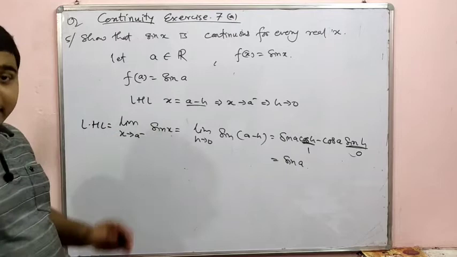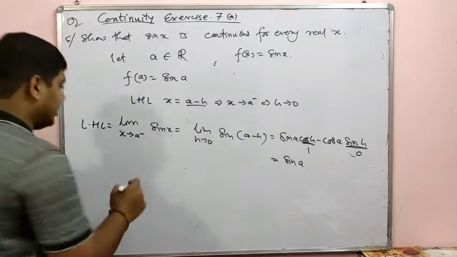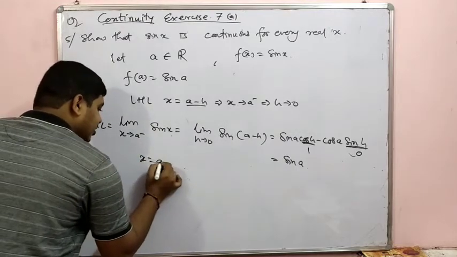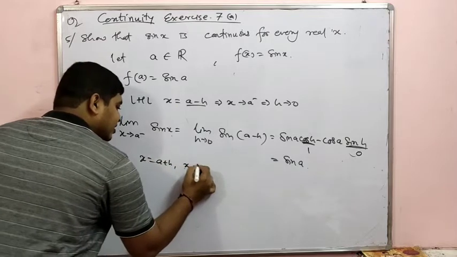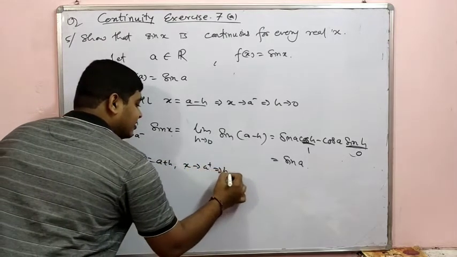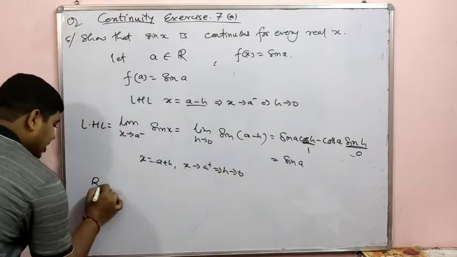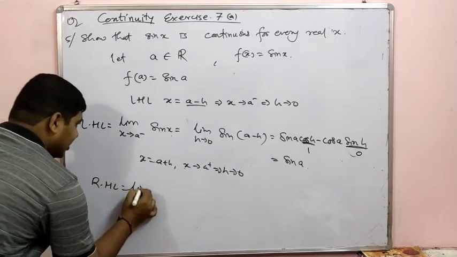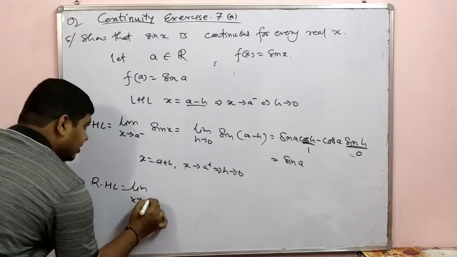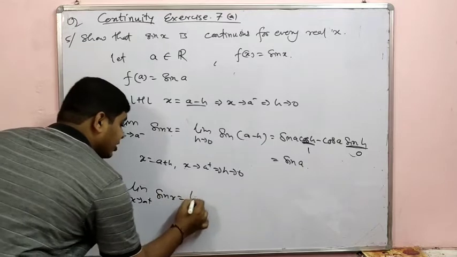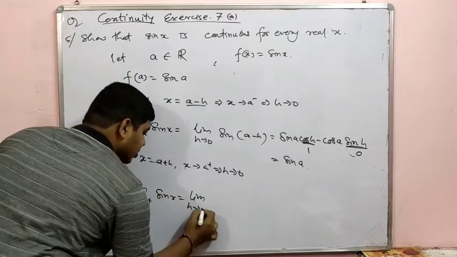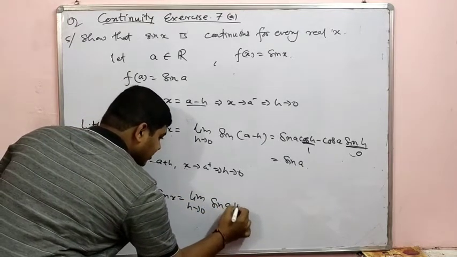Now let us see whether the right hand limit is also equal. For the right hand limit, we take x is equal to a plus h, and if x tends to a plus, this implies h tends to 0. So the right hand limit is limit x tends to a plus of sin x, which is equal to limit h tends to 0 of sin of a plus h.